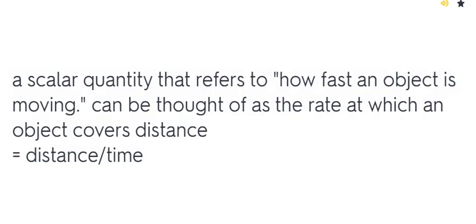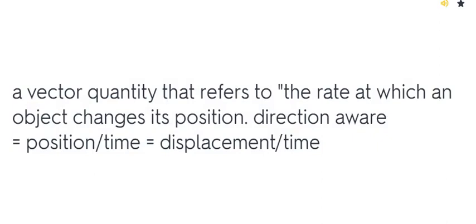Speed: a scalar quantity that refers to how fast an object is moving, can be thought of as the rate at which an object covers distance, equals distance over time. Velocity: a vector quantity that refers to the rate at which an object changes its position, with direction, where v equals position over time, equals displacement over time.